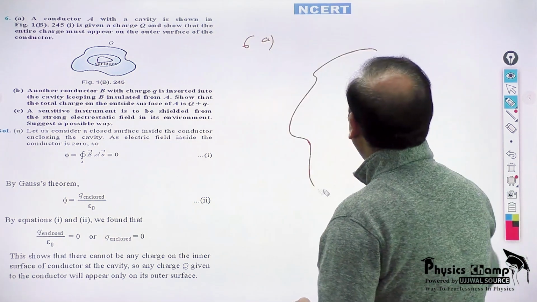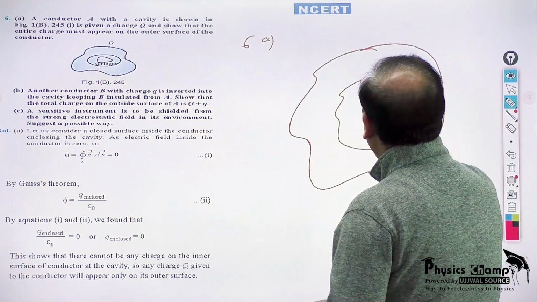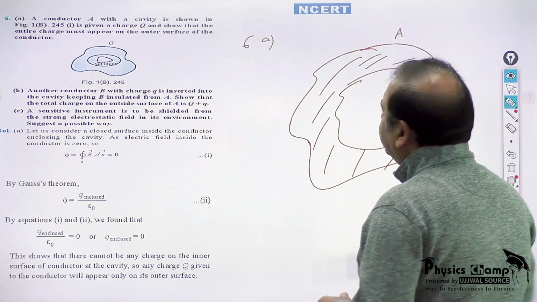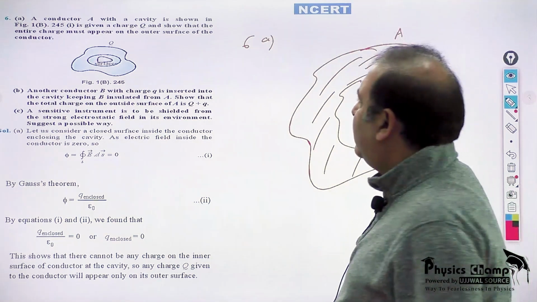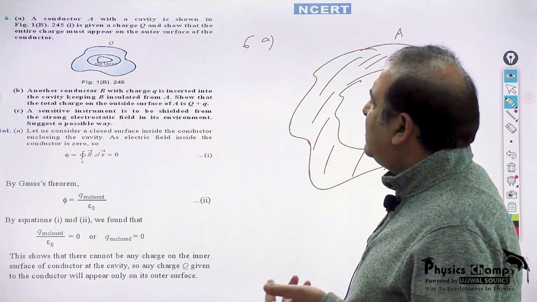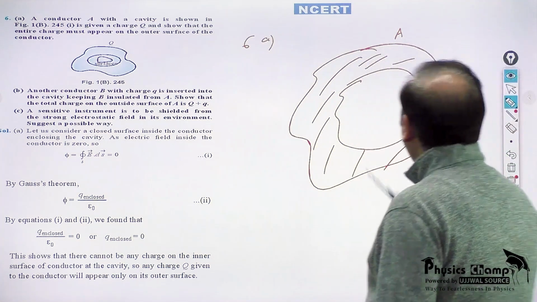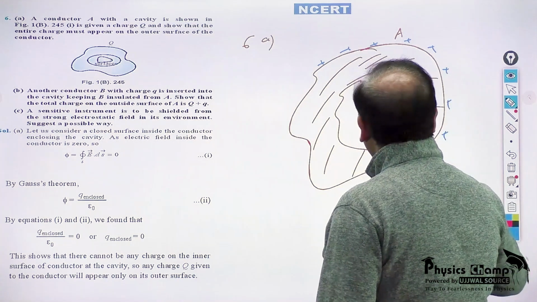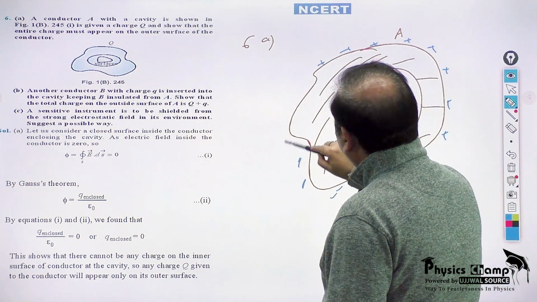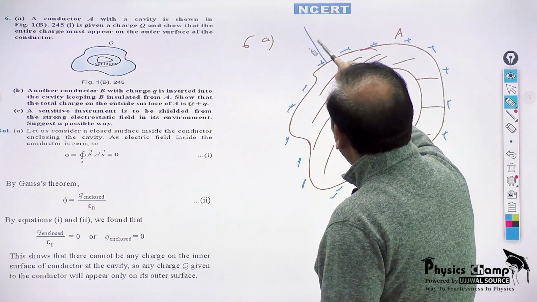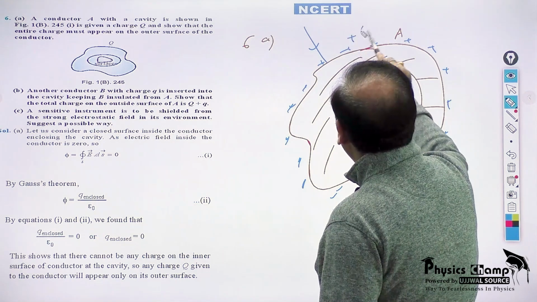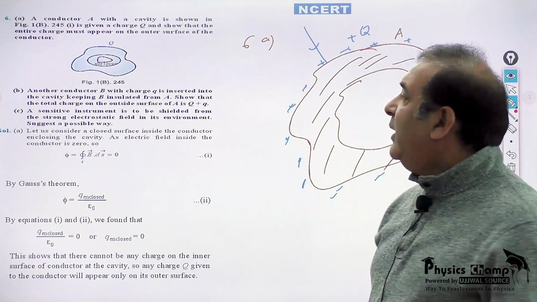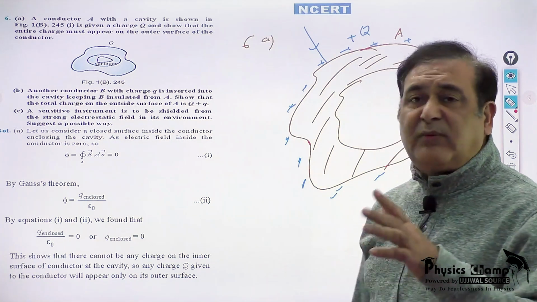So think you have a conductor A, and it has a cavity inside and is given a charge Q. So the conductor A is charged with Q. Show that the entire charge must appear on the surface of the conductor.